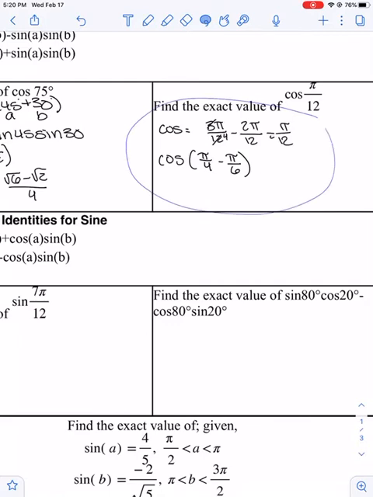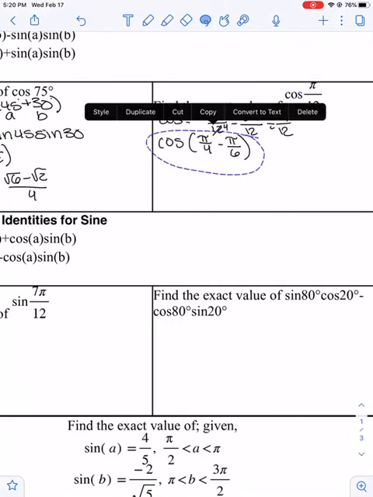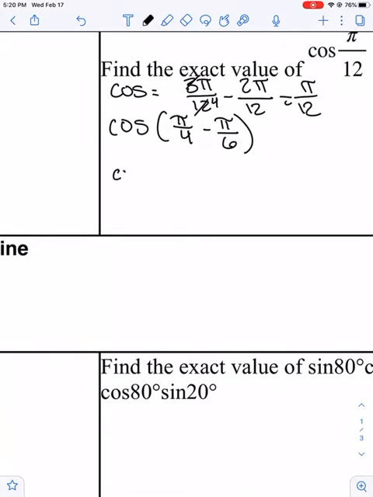We're going to go ahead and plug it into that formula. Alright, so the formula is the cosine of pi over 4 times the cosine of pi over 6 plus the sine of pi over 4 times the sine of pi over 6.